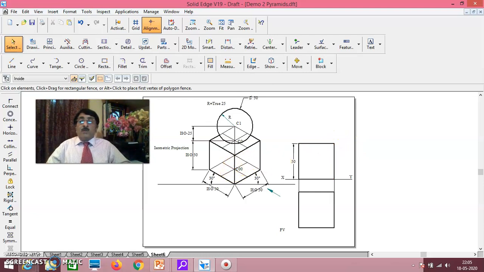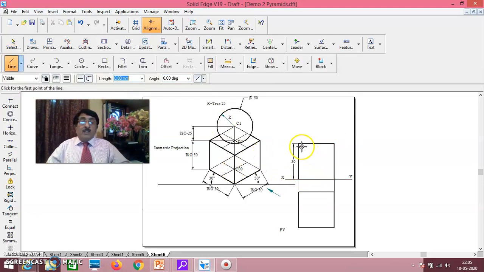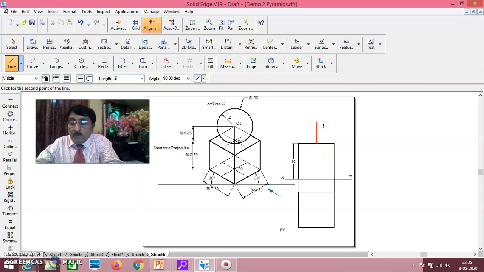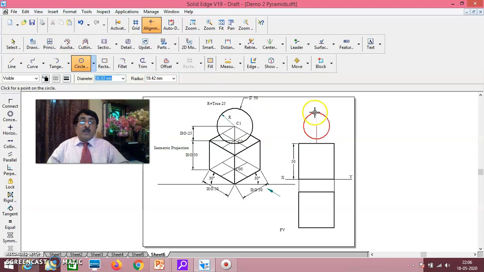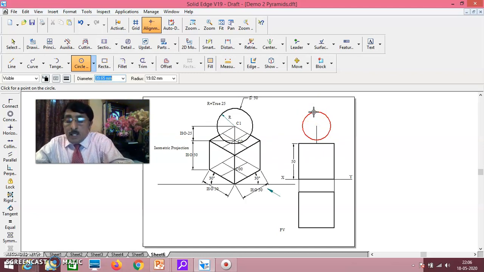Now what I'll do, I'll draw. This is 25. From here I take this, I'll draw a diameter 50 circle.